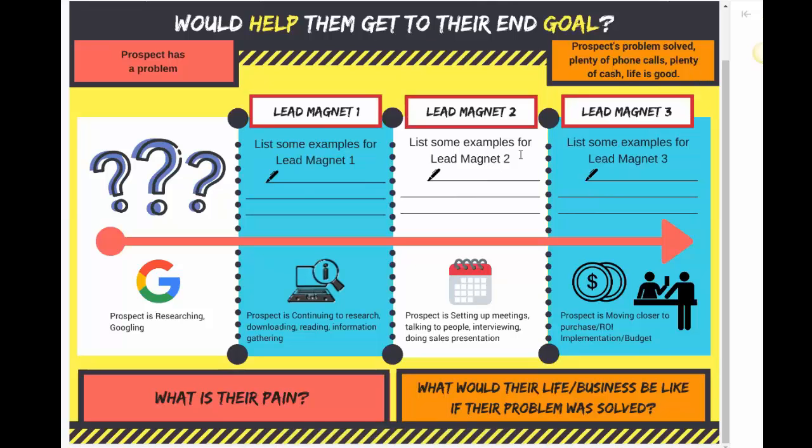Whenever you're developing your lead magnets or having them developed for you, you want to hit them where they are in their buyer's journey. They might be just starting out, researching, downloading, reading, and gathering information. Then as they move further, they might settle on the fact that Facebook really is the way.